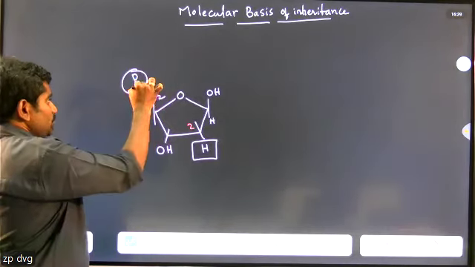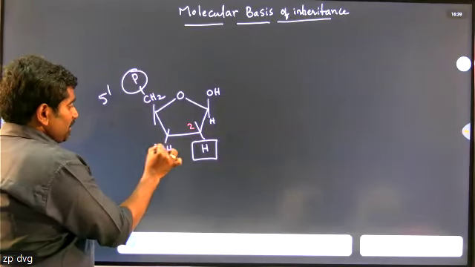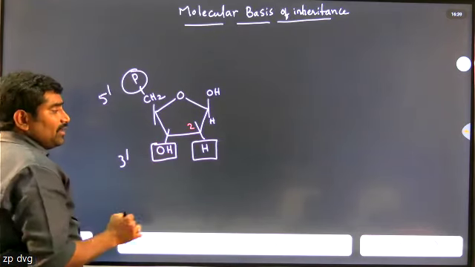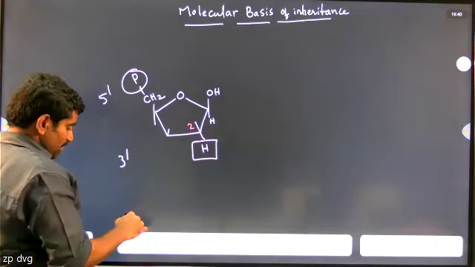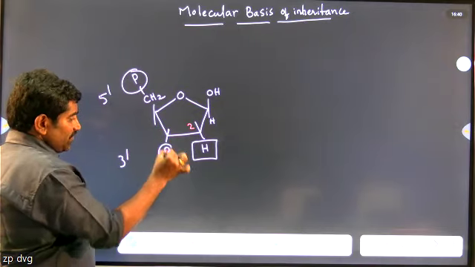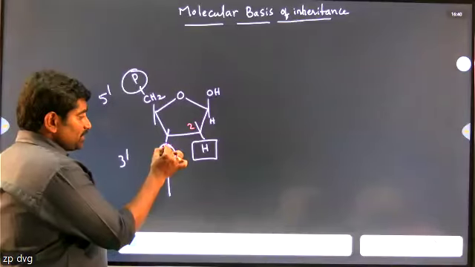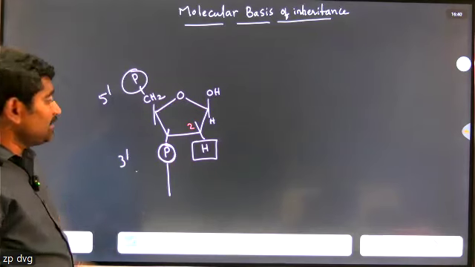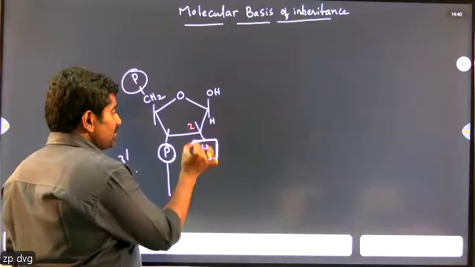That's why the fifth carbon OH group is replaced by this, so this is called 5'. The third carbon OH group is replaced by another phosphate of another ribose sugar, so this is called 3'. And in this place, if you see, hydrogen is at the second position.